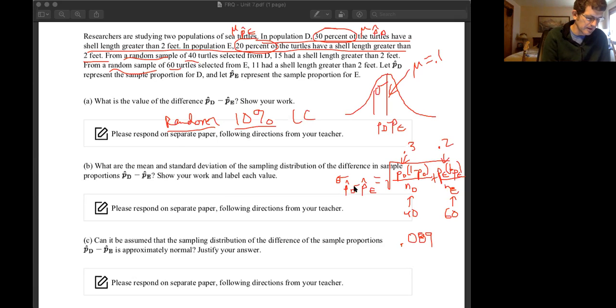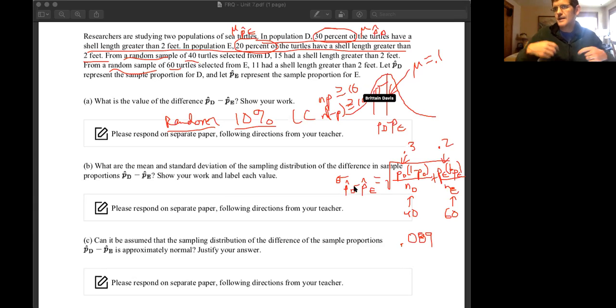So this would be N times P, and N times 1 minus P is greater than or equal to 10. All right, all that fun stuff. I'm not going to run through it except to say that's what we would be checking. I would do that for each of my sample sizes.